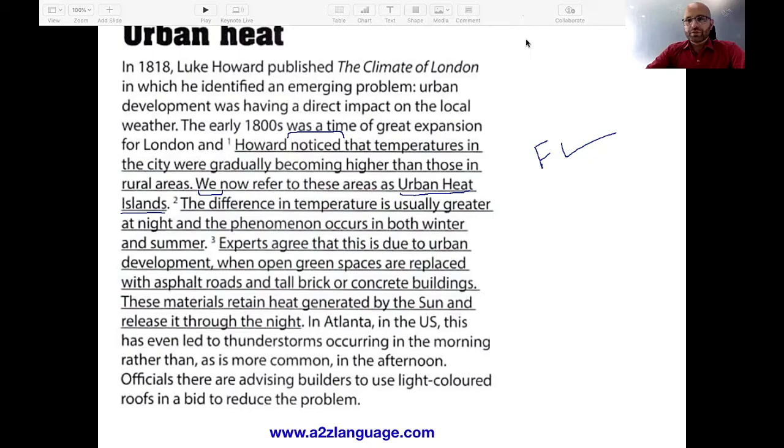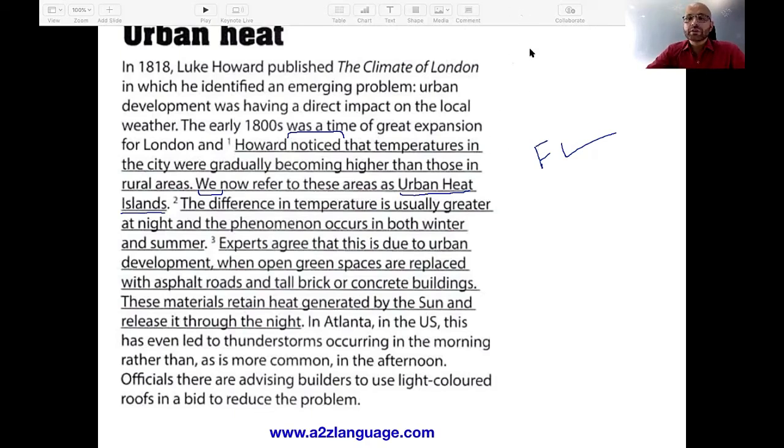Okay, I hope you understand this technique. So make sure that you focus on synonyms. Noticed means he learned things which already exist. The text says we now refer to it, which reflects that it is not Luke Howard who invented.